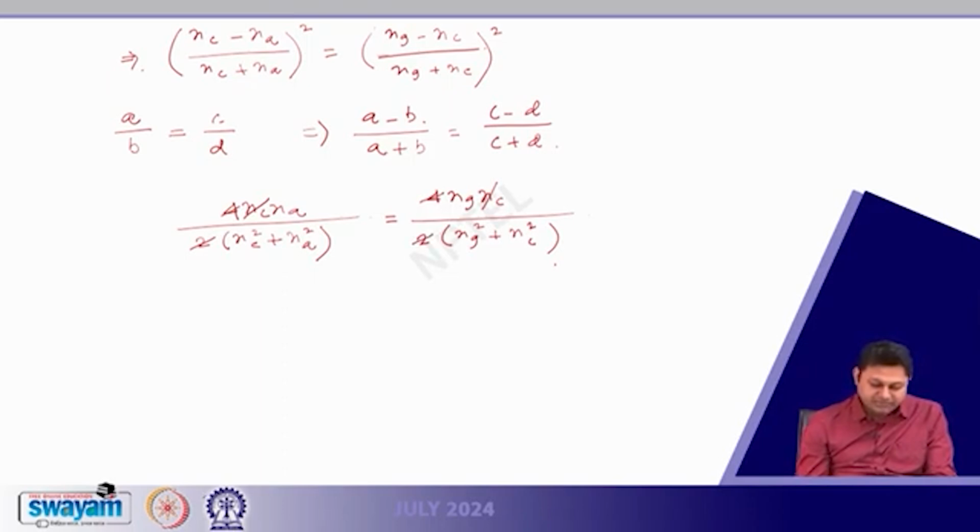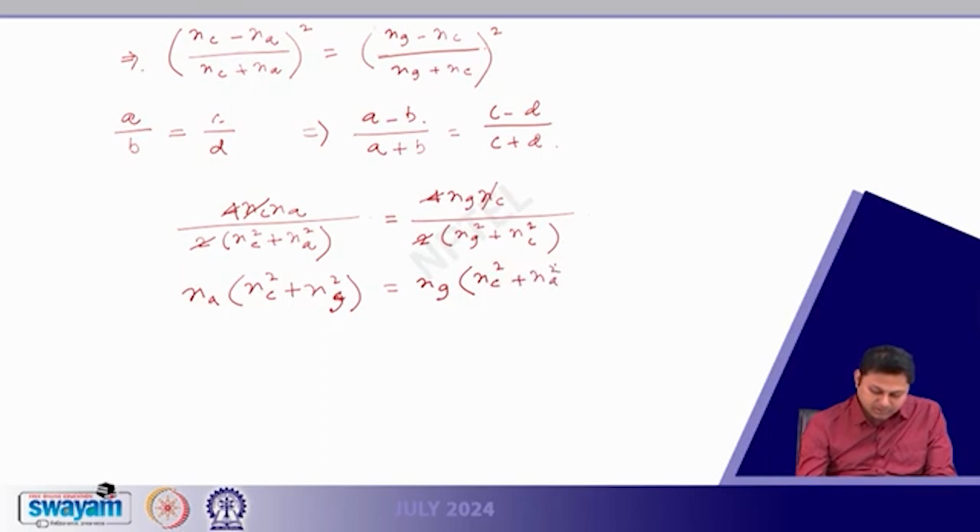So we have something like NA multiplied by (NC square plus NG square) equals NG multiplied by (NC square plus NA square).